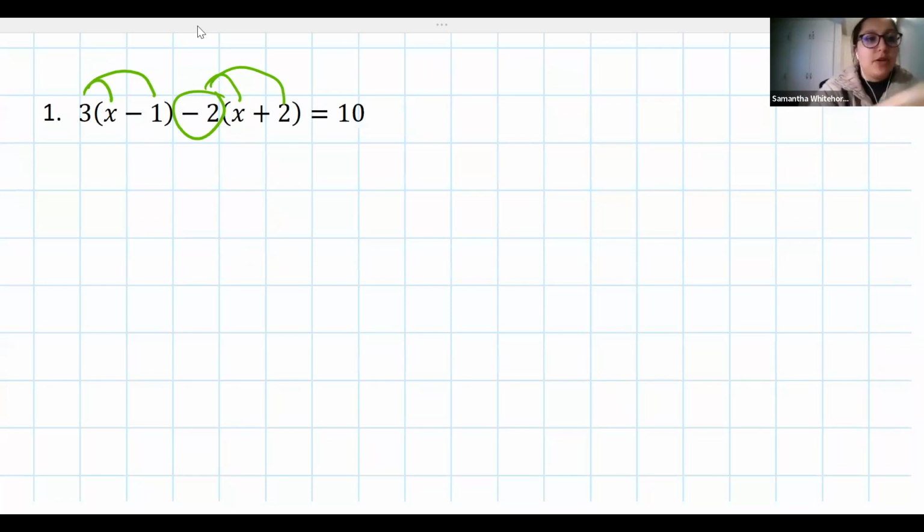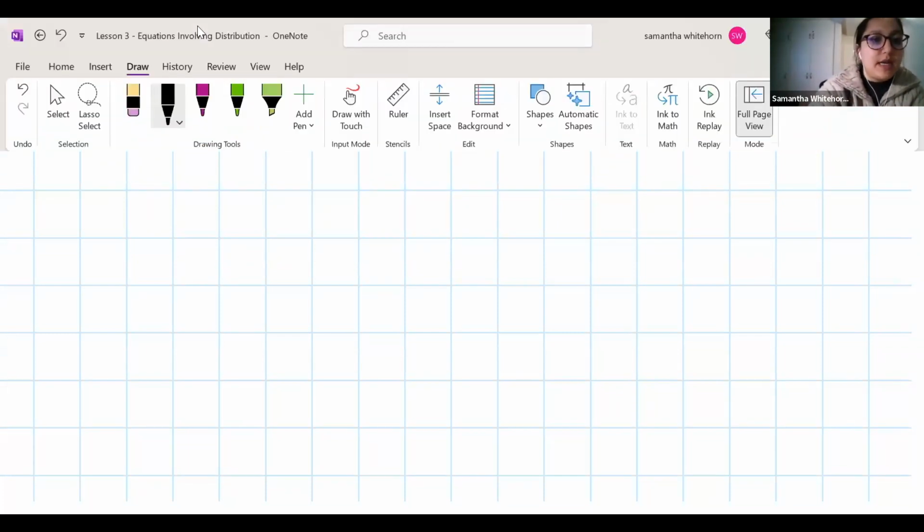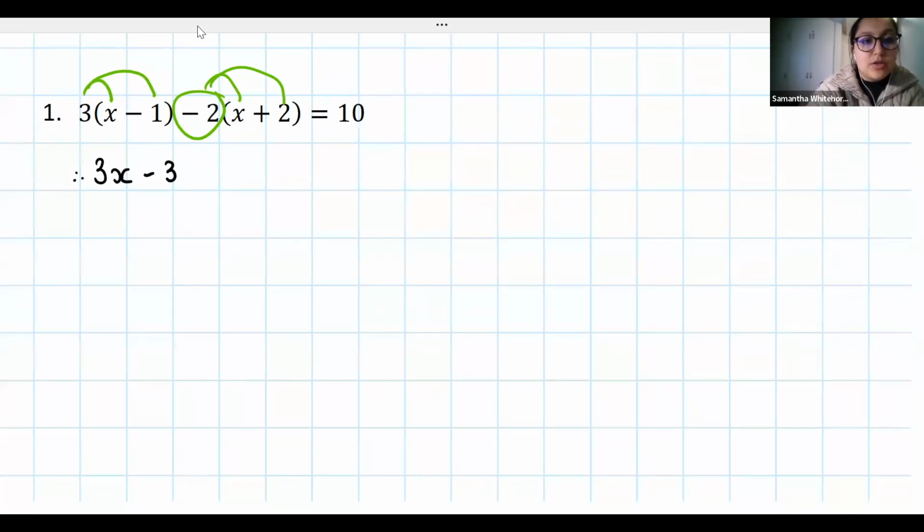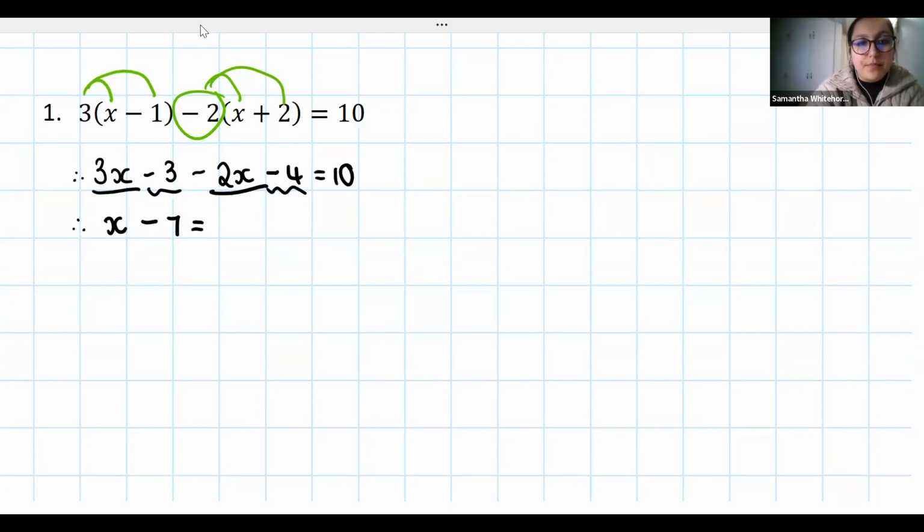Right, let's have a look. So we distribute: 3 times x is 3x, 3 times -1 is -3, minus 2 times x is minus 2x, and -2 times +2 is -4. Now again, guys, you've got like terms on the left-hand side. So just add and subtract them, neaten it up. 3x minus 2x is x, and -3 minus 4 is -7.